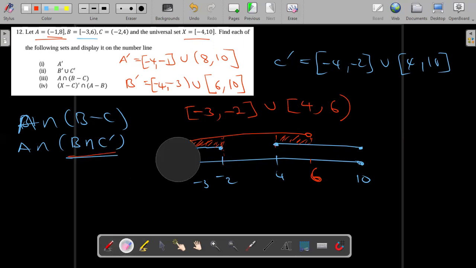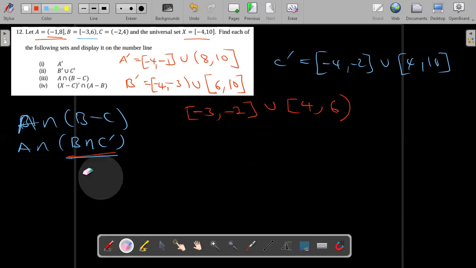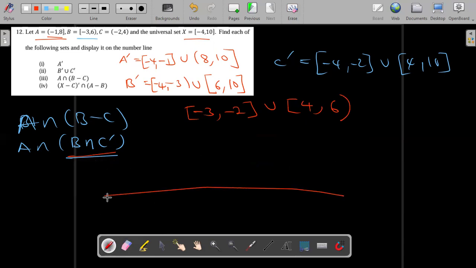Now we plot that one, and we have to intersect it with the set A. So when we plot that one, this will go from negative 4 to positive 10. So that is going to be negative 3 here to negative 2, then from 4 to 6.